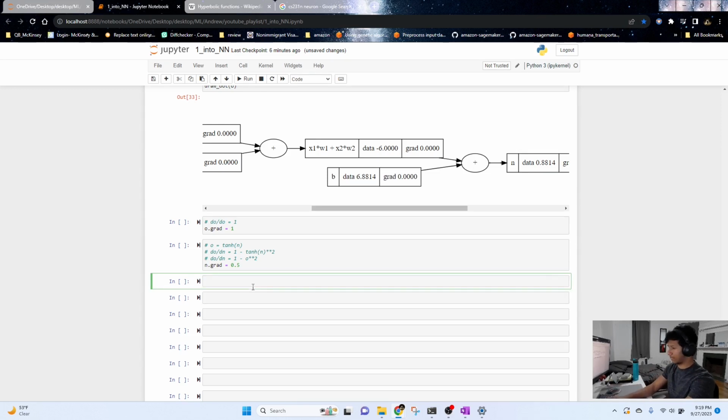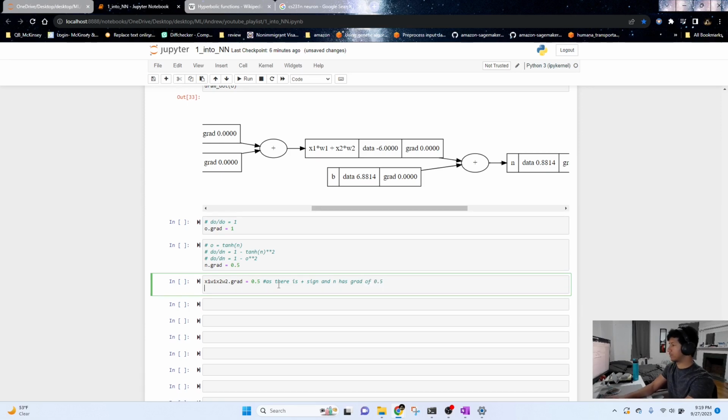So next, x1 w1 and x2 w2 dot gradient is equal to 0.5, since there is a plus sign and n has a gradient of 0.5. In the same way, we have b dot grad, which is equal to 0.5, right?